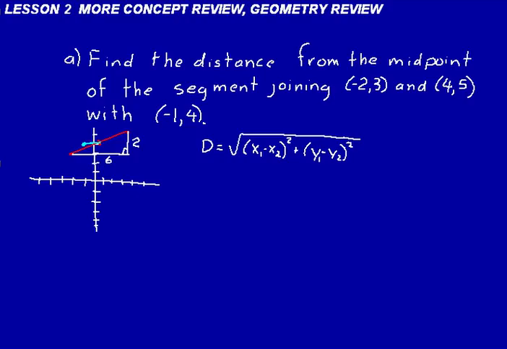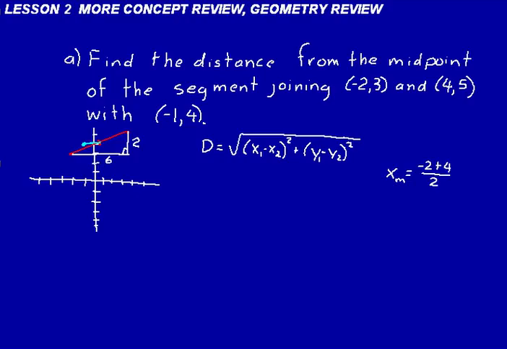We want to find the distance from the midpoint of that red line segment. So remember how you find the midpoint of a line segment like that? x subscript m, for midpoint, is equal to the sum of your x values, -2 plus 4, divided by 2.